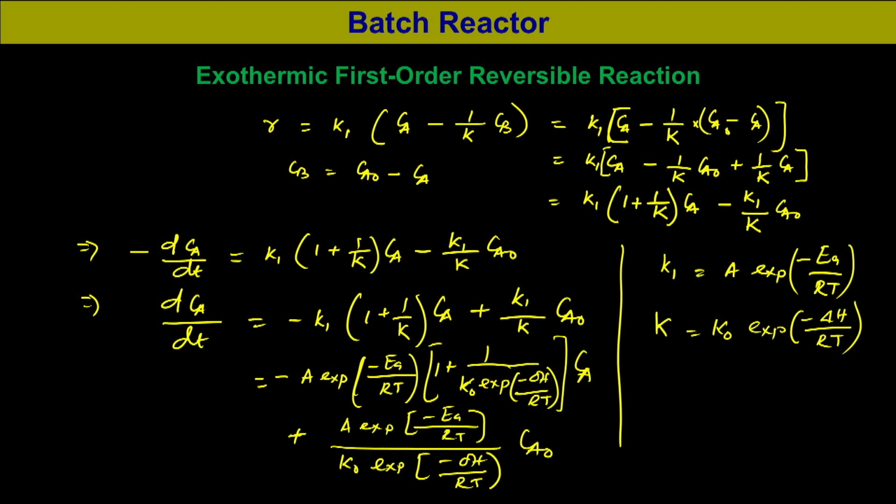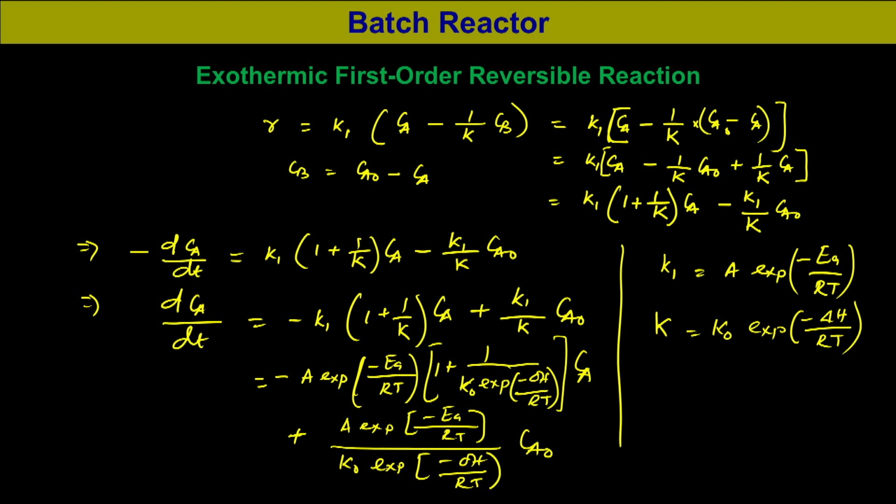If we multiply, this would be K1 Ca minus 1 by K Ca naught plus 1 by K Ca, and if we rearrange, this would be equal to K1 into 1 plus 1 by K Ca minus K1 by capital K Ca naught.